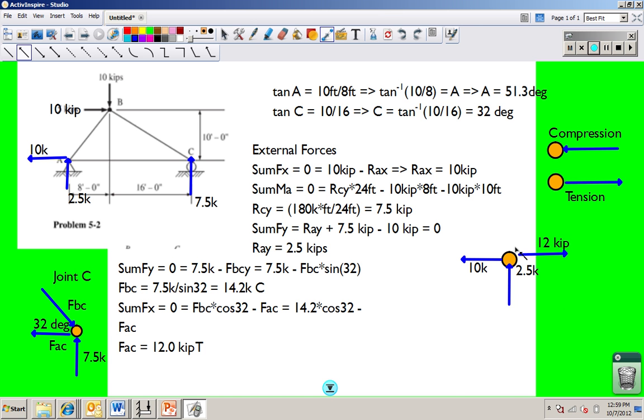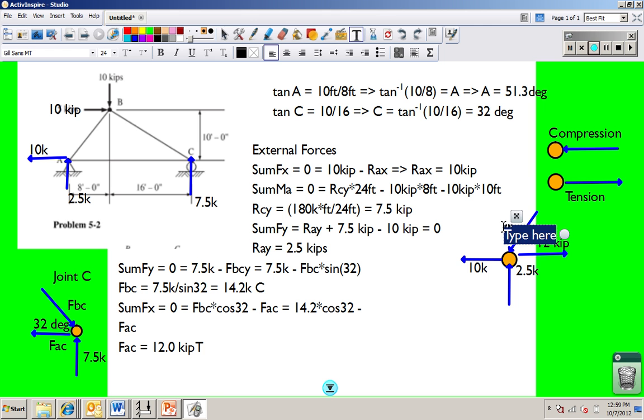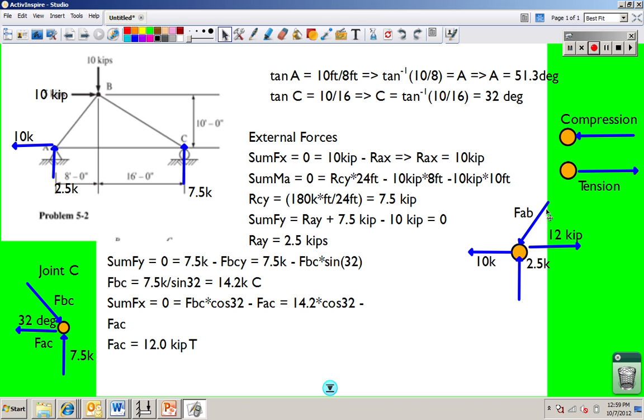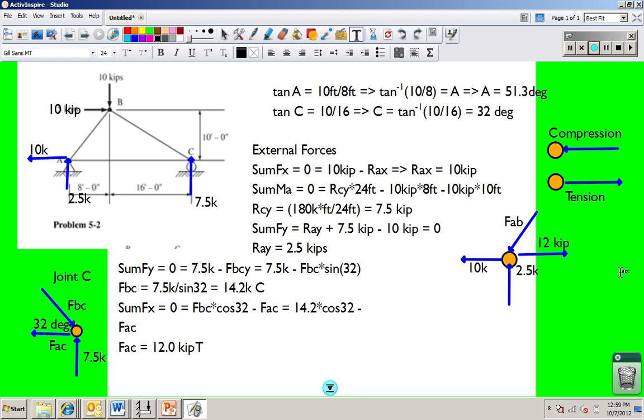It's got to be coming down. And how did I know it had to be coming down? Well, it had to be coming down because it's the only y direction force that is going to be equal to this y direction force coming up from RAY. We also know that this angle was, what did we say, 51.3 degrees.